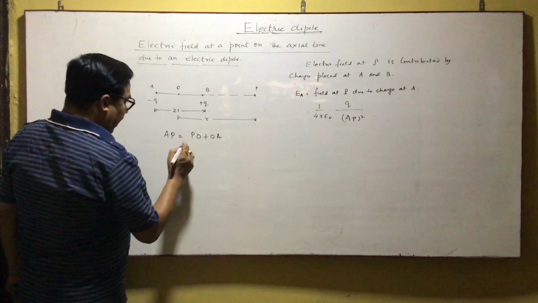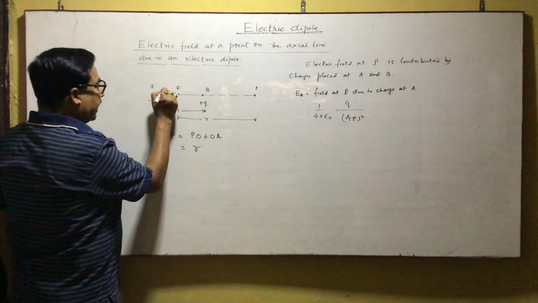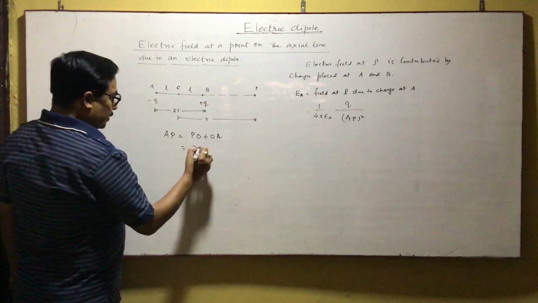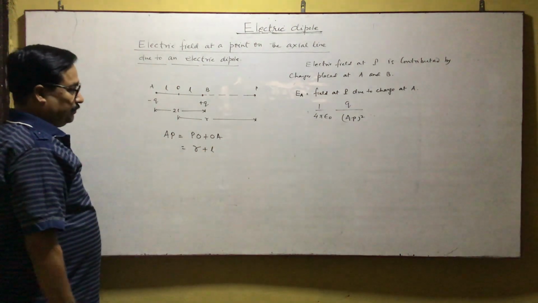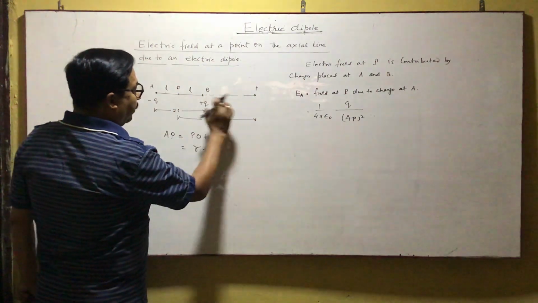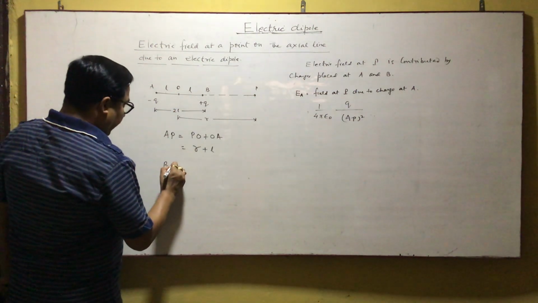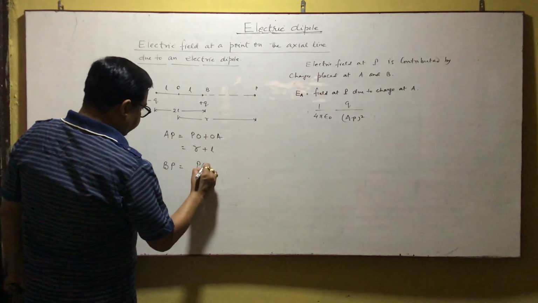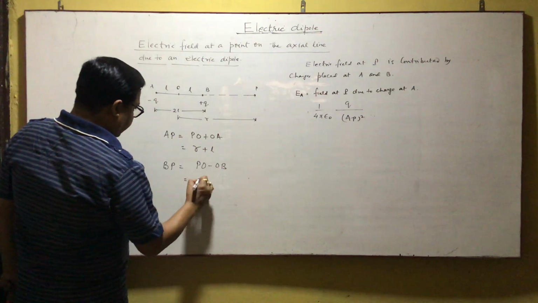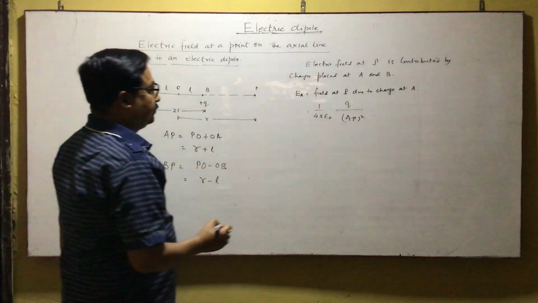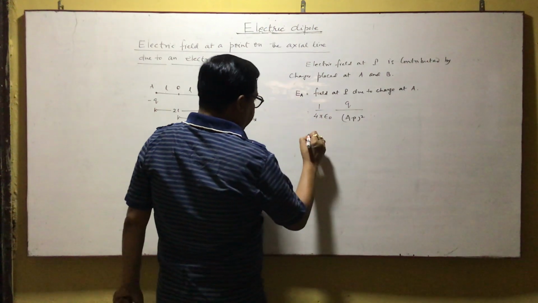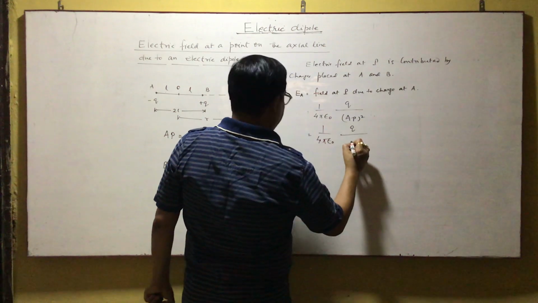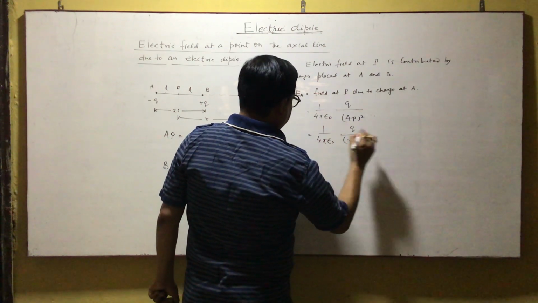So PO is R and OA is L. So R plus L. And similarly we have the value of BP also. So BP is equal to PO minus OB. This is R minus L. So the value is here 1 by 4 pi epsilon naught Q upon R plus L whole square.